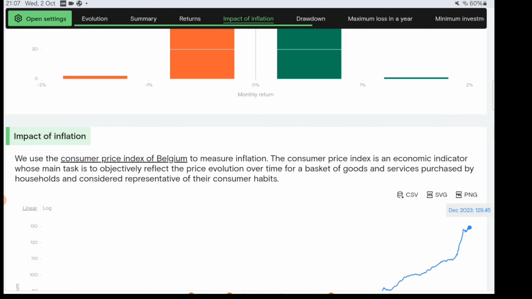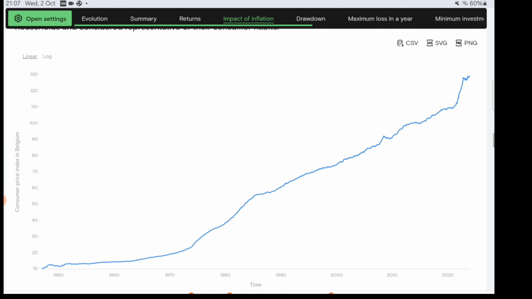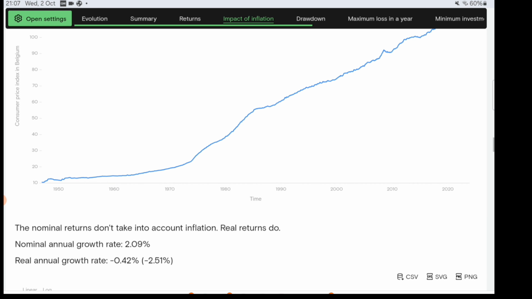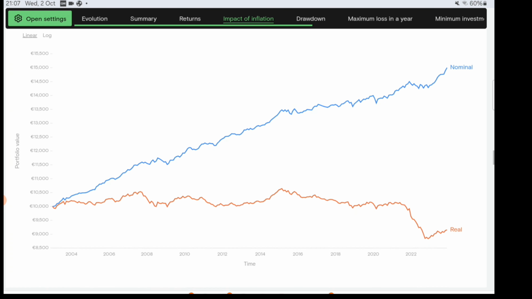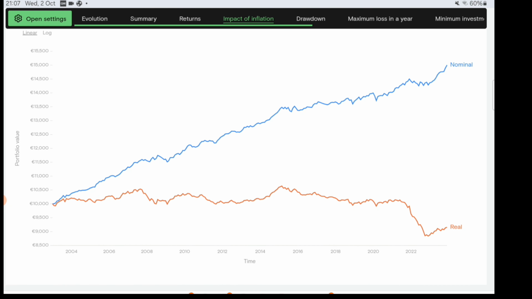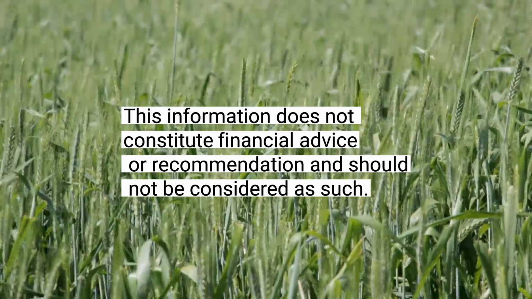So again, the impact of inflation, this is the really important one for me. Let's see how much we would have made over the last 17 years if we had chosen this balance of a portfolio. Wow, look at that. So the red line, what it shows us is actually we've lost money here rather than gained money. Once we take inflation into account, we've actually lost money.